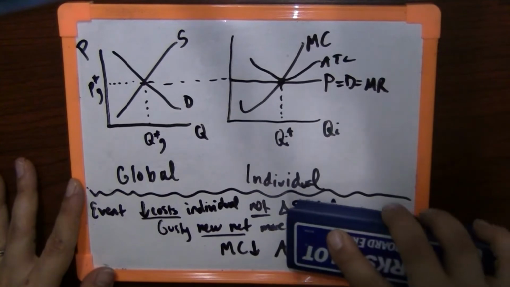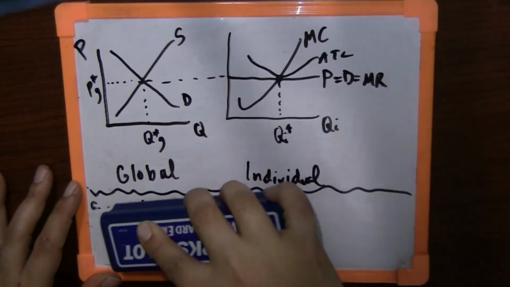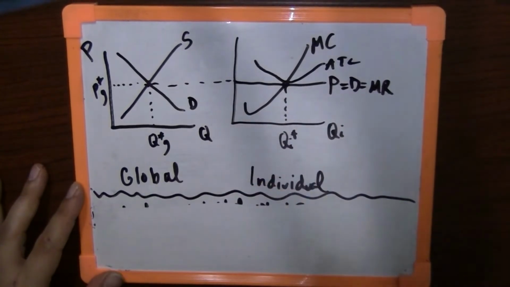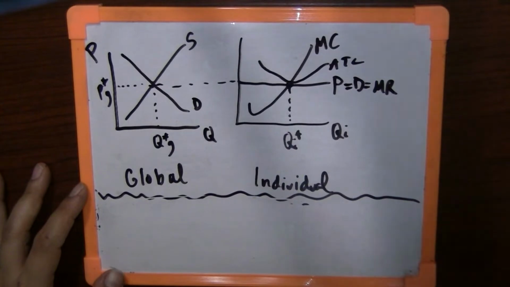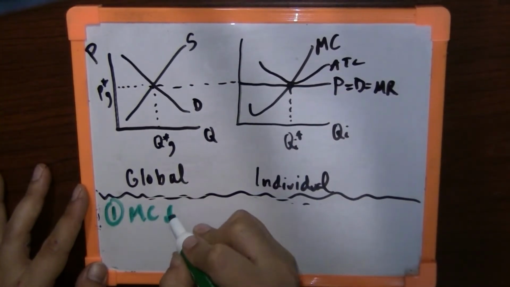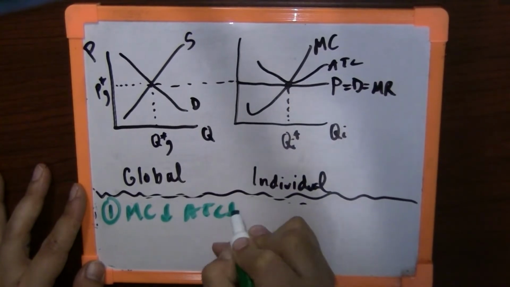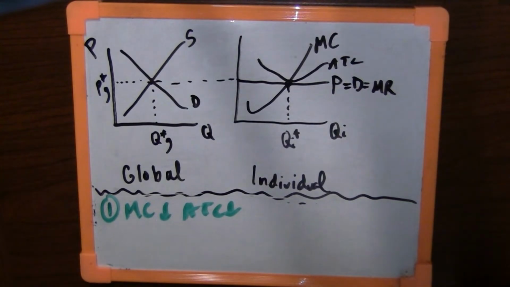I'm going to erase my description of the event so that I can keep track of the consequences down here. First thing that's going to happen is that an individual's marginal cost and average total cost fall. When I say costs fall, you can simply shift those curves vertically down.